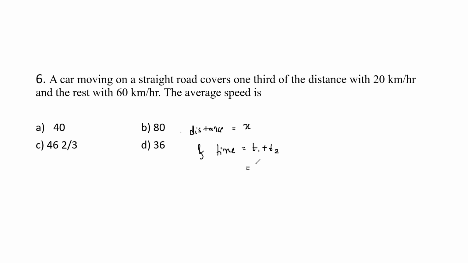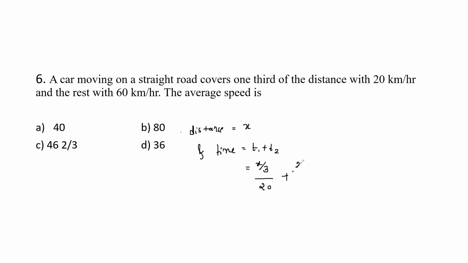So distance, if I take it as x, 1/3 of the distance is written as x by 3, first journey. Then next, with a speed of 20 kilometer per hour, then the rest with 60 kilometer per hour. So total is x, and x by 3 is given.